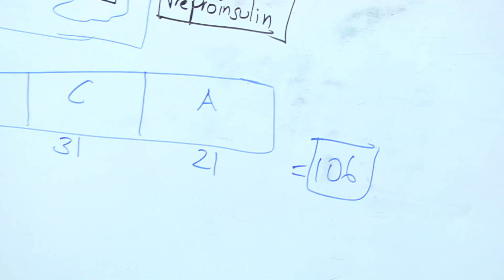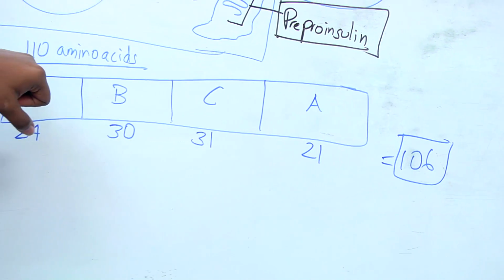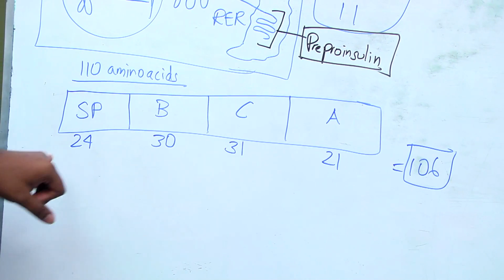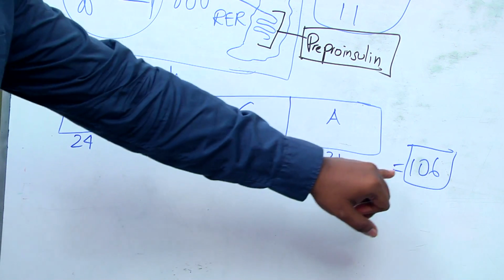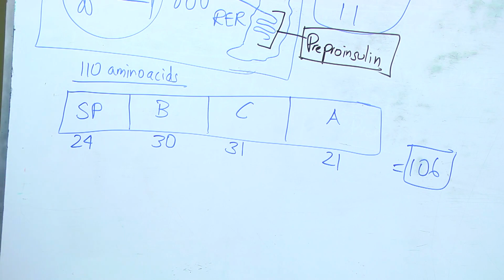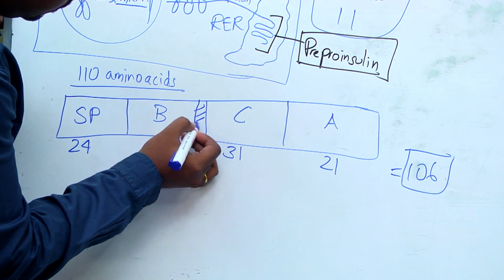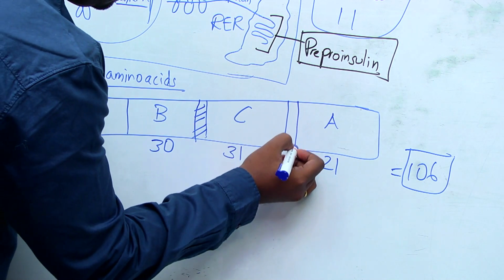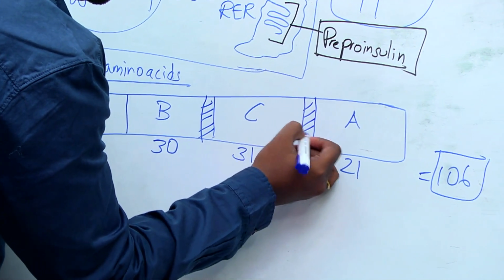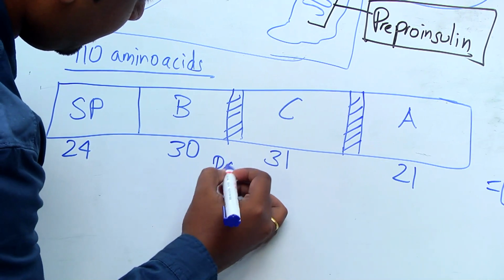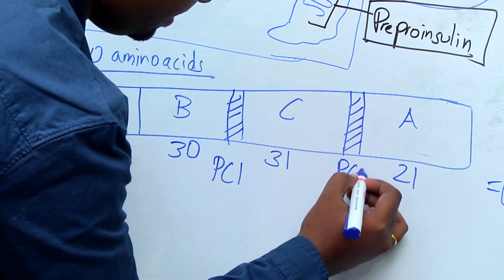So I said that the total number of amino acids is 110, but when you count this, the total comes to 106. So where are the rest 4 amino acids? They are present here. This is PC1 and PC2.